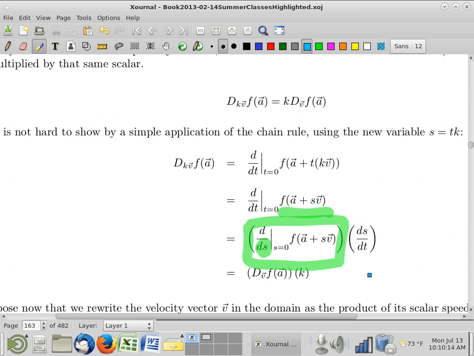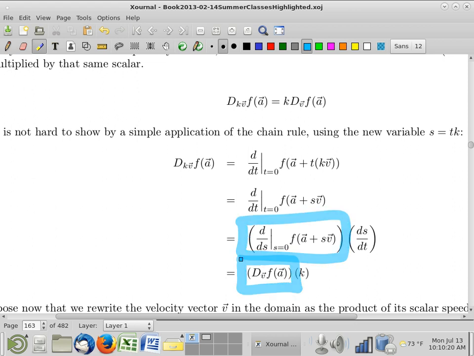Okay. All right. And having done that, let me observe that this is precisely the definition of that directional derivative. Specifically, there's my velocity vector. There's my starting point. And the only thing that's not, in fact, just character for character straight out of our actual definition of the directional derivative is that I'm using a different parameter.